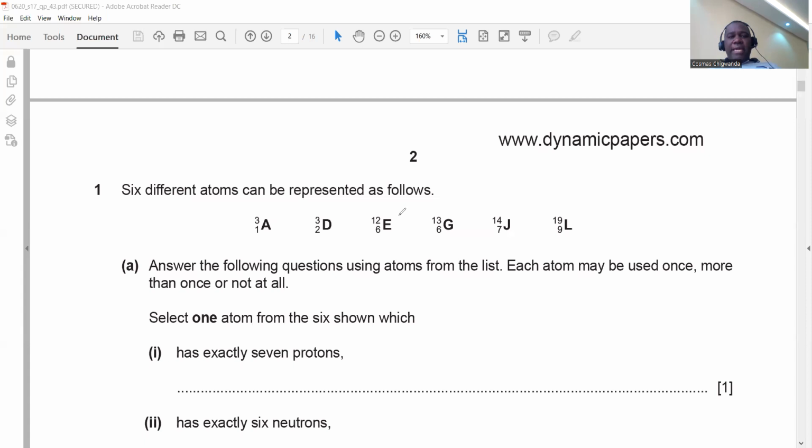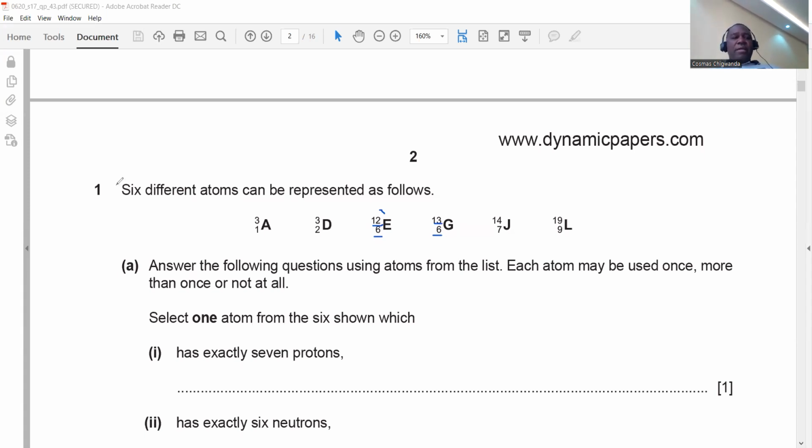If you look at E and G, which was the next question, you're going to find out that they are actually the same. Why? You look at that one, 6, and that one, 6. Our definition was saying atoms with the same proton number, but different mass numbers. The numbers at the bottom are the atomic numbers, and they are different.